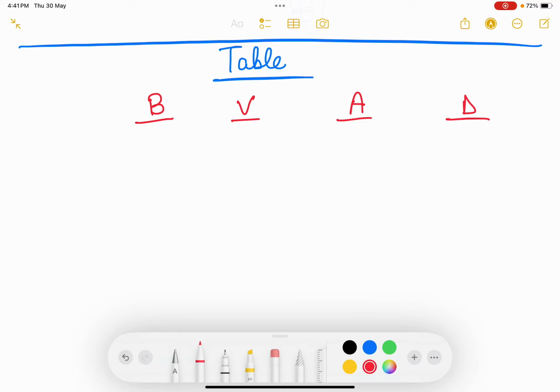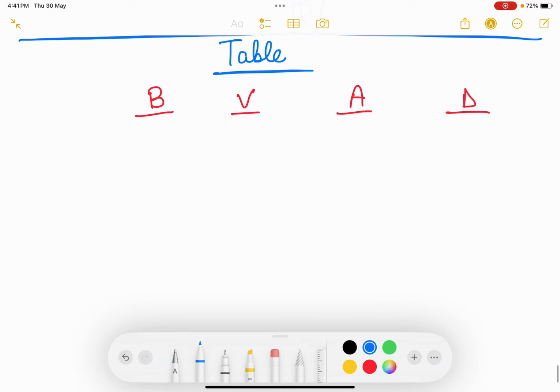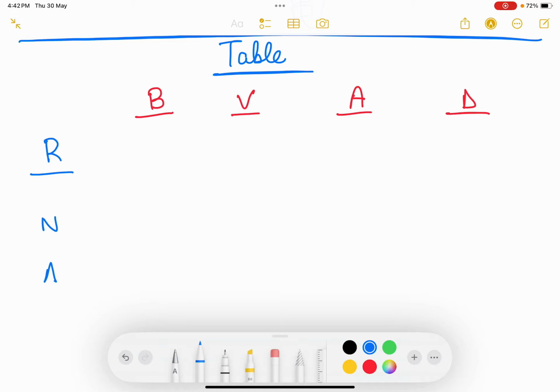Basically the mnemonic by which I will ask you to remember is RNA, like RNA, DNA, ribonucleic acid. What does R stand for? R stands for reassuring.